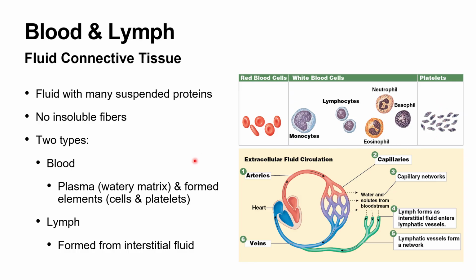Now, when it comes to all of the different components of our blood, we have what is called the blood plasma, which is going to be the watery matrix, for which we typically are going to find all of our formed elements flowing throughout. The formed elements are going to be the red blood cells, the white blood cells, and the platelets. Now, our lymph system is going to be formed from a lot of the interstitial fluid that we would normally find throughout the body.